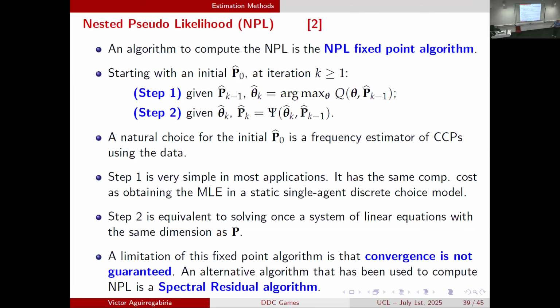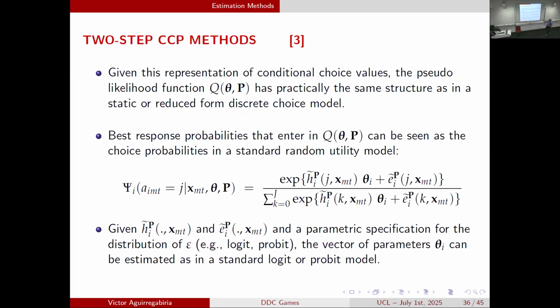As I mentioned before, once we have estimated theta, given our initial P and our estimate of theta, we have this new vector of predicted choice probabilities that are much more informative than the initial choice probabilities, because they use a lot of the structure of the model. They are not imposing equilibrium restrictions, but they are imposing best response restrictions and a lot of parametric assumptions in our model. Then these new estimates should be much more precise than our initial non-parametric estimate.